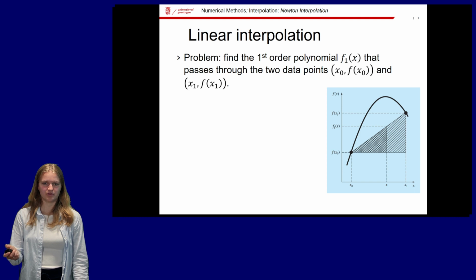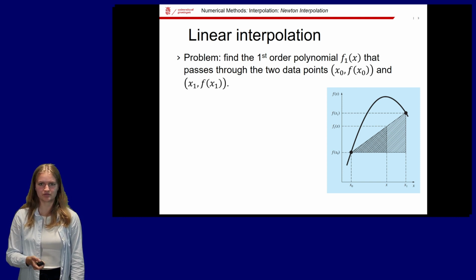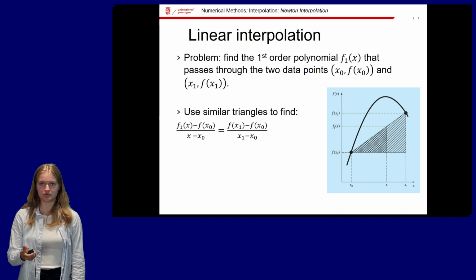This is not a very difficult task to do. We can use a graphical method. For example, we'll use similar triangles to find f1 of x minus f of x0 over x minus x0. So this is the ratio of the sides of the smaller triangle that is drawn in the figure.